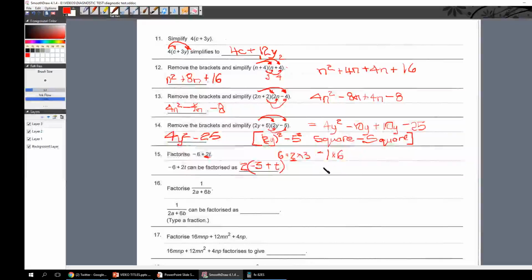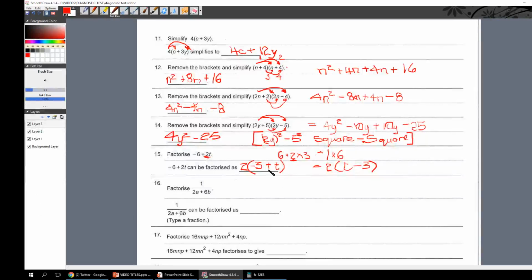And you could rearrange that if you wanted to, just to make it a little tidier. You could have 2 brackets t minus 3, so that the negative sign doesn't get lost. Either one is correct.